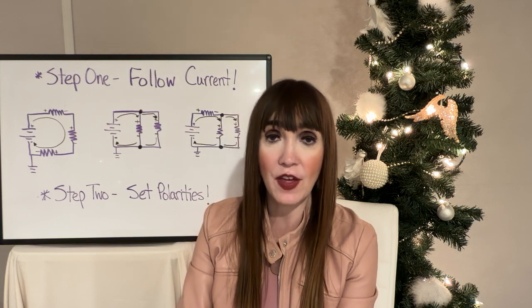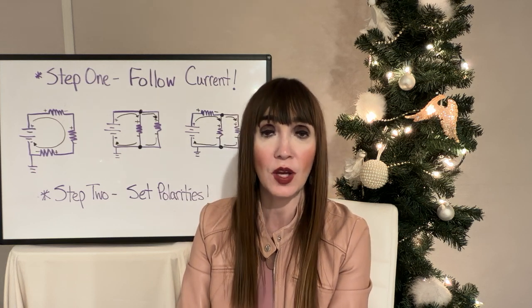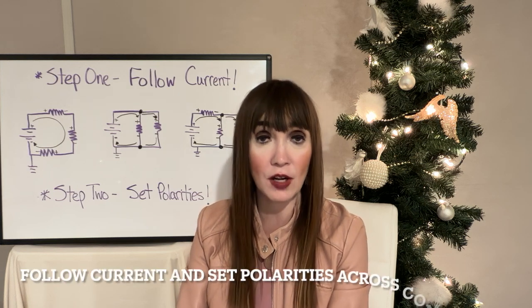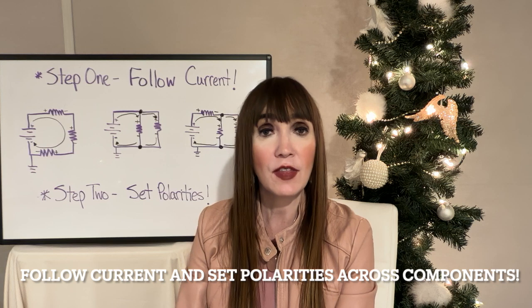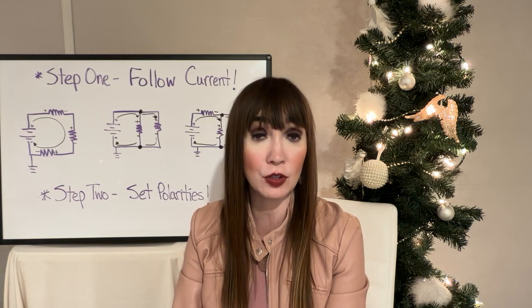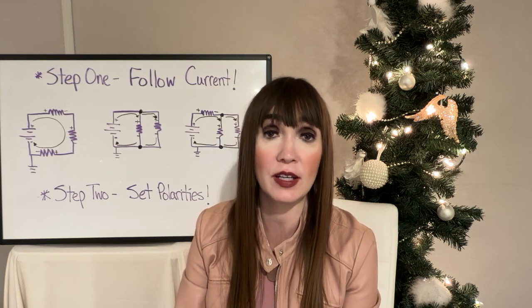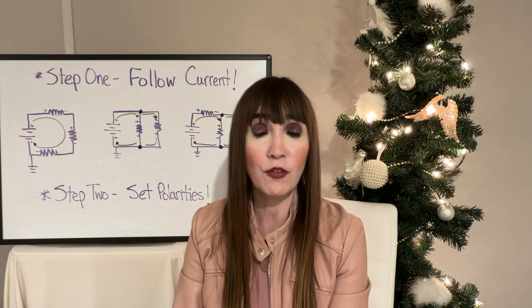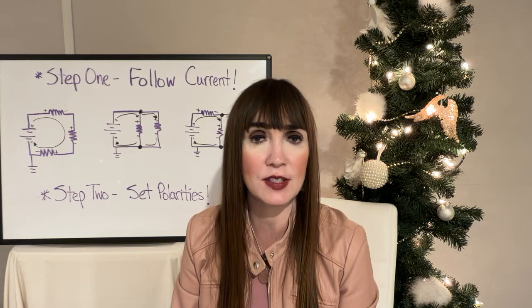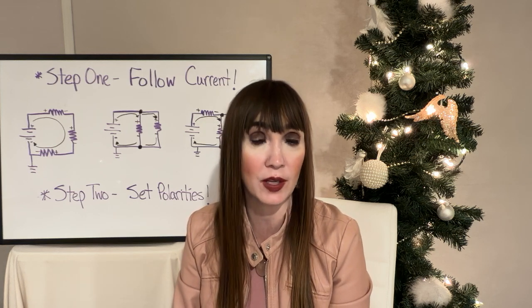But I found that if you're able to follow current first and set the polarities across your components, that really helps to get your work organized, and it gives a lot of clues as to what's going on in your network. So before you begin your analysis, pay particular attention to what that current is doing.